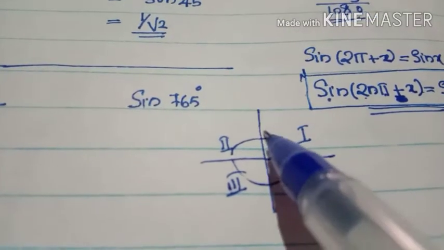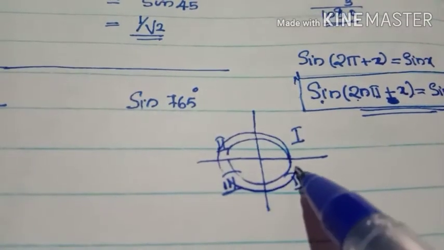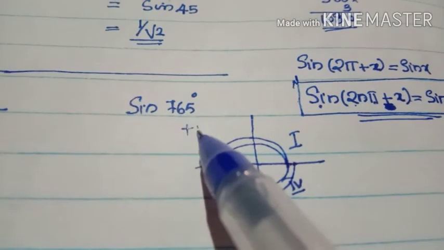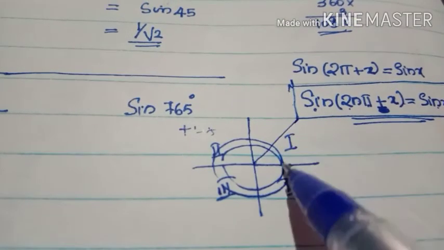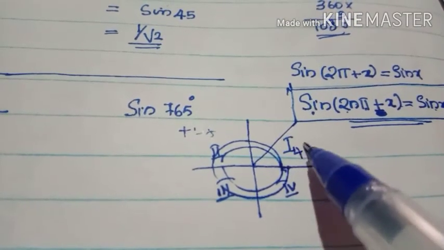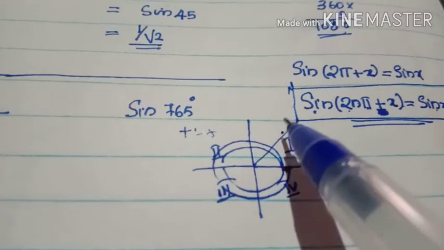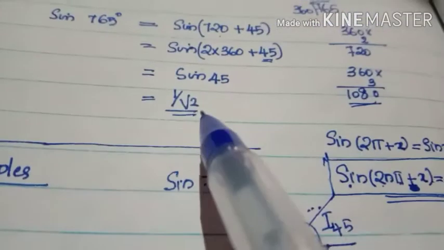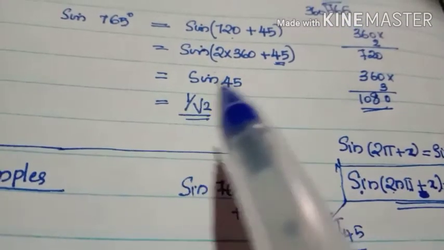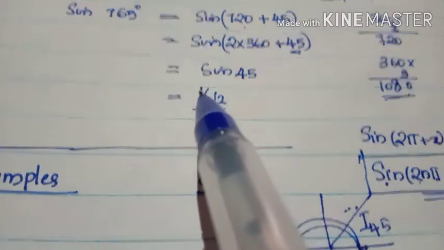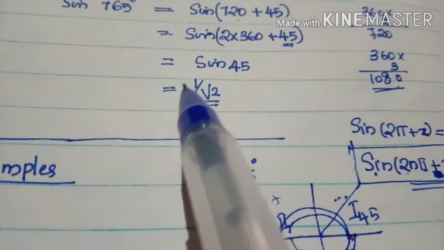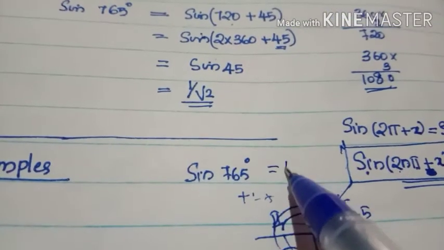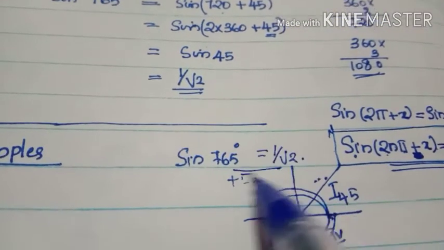After making one revolution, it becomes 720, and then 720 plus 45. It will come in the first quadrant, and in the first quadrant all ratios are positive, therefore the answer is positive itself. There is no change, otherwise it would become minus. Please note down: sine 765 is equal to 1 by root 2.